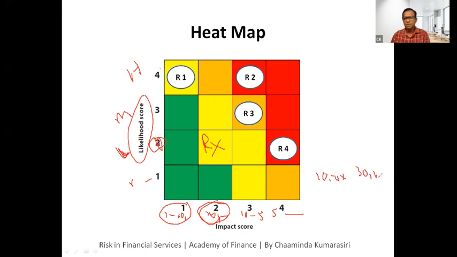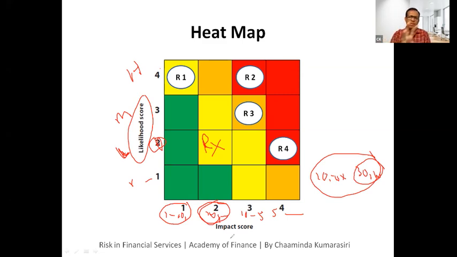Up to a 30,000 risk score, we consider it green. You just decide it. There are no hard and fast rules.